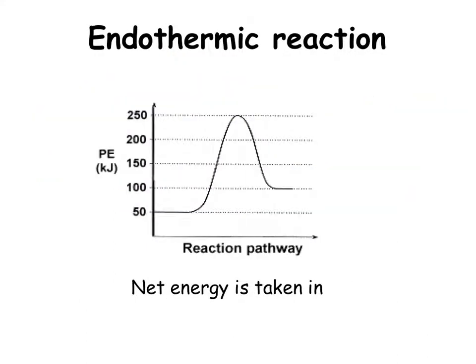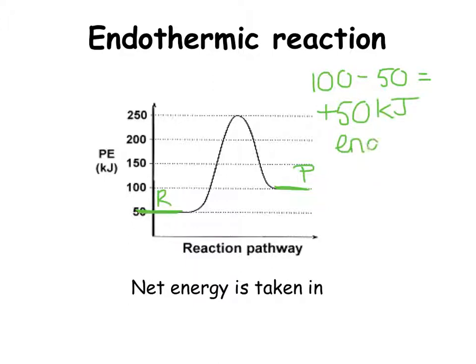Here's an endothermic reaction, and here I'm reading 50 for the reactants, 100 for the products. Take the products' energy minus the reactants' energy, and I land up with plus 50 kilojoules, so that is an endothermic reaction, net energy taken in.